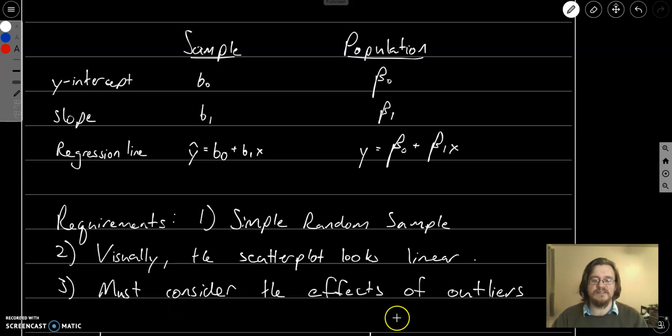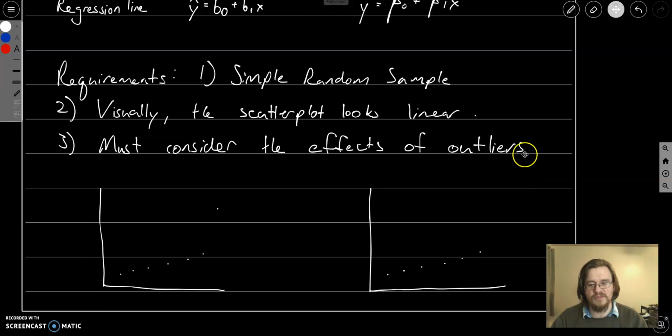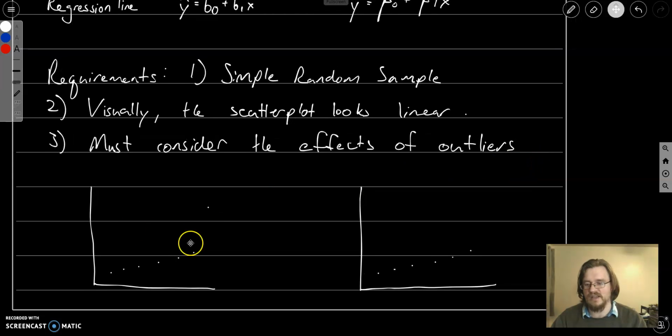And we have to consider the effects of outliers. So I drew a couple of examples here. If you were to draw the line of best fit through this data, that line is going to be pretty accurate as it goes straight through those. But if you include this one outlier in there, now where does the line of best fit go?